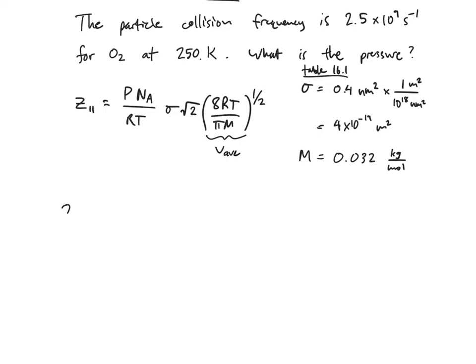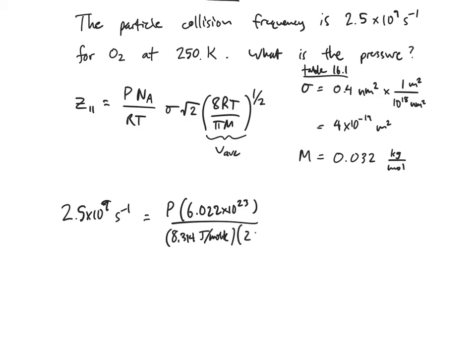And so we'll put in 2.5 times 10 to the ninth inverse seconds equals P, and then Avogadro's number 6.022 times 10 to the 23rd, 8.314 joules per mole Kelvin, and 250 Kelvin for the temperature.